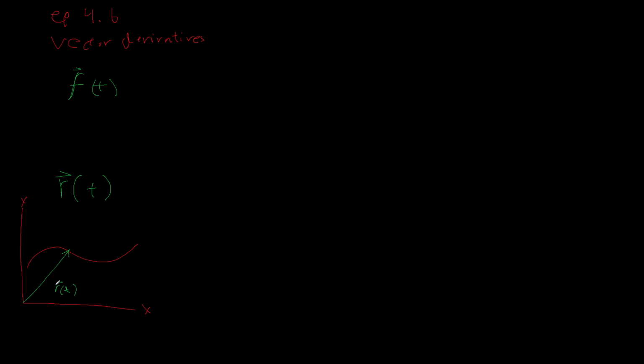So we have r of t, a vector function that parameterizes the path of some particle. Remember, r in this case is a vector from R to R^n, where n is less than m. This means that we actually have a space curve.